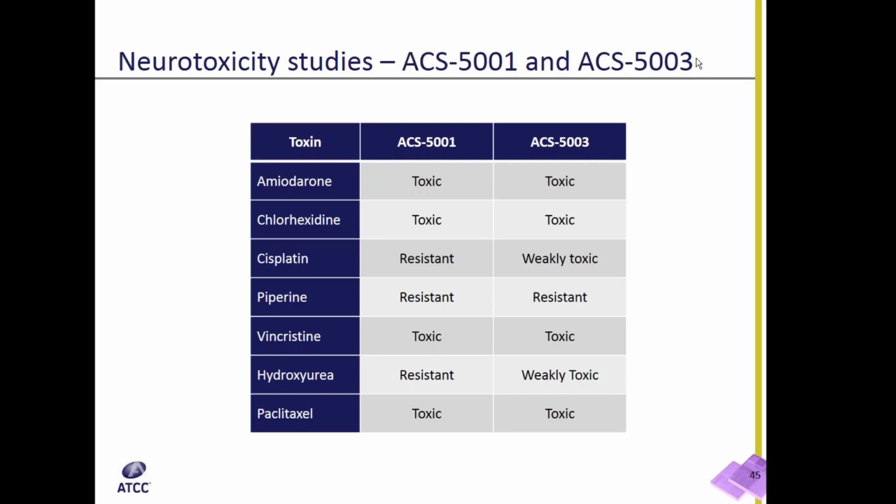Cisplatin and hydroxyurea cause only mild toxic effects, and that only at the highest concentrations. Similarly, amiodarone, chlorhexidine, vincristine, and paclitaxel exerted toxic effects on the Parkinson's disease neural progenitor cells. They were resistant to piperine as well as the compounds that the normal neural progenitor cells were only mildly sensitive to.